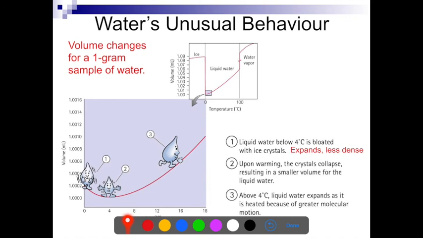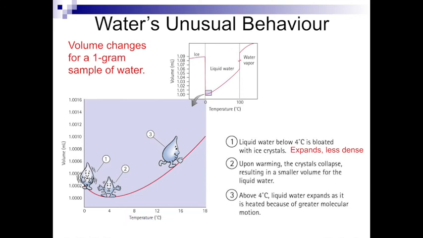In fact, at 4 degrees Celsius, when the volume is smallest, that is when the density of water is greatest. And above 4 degrees Celsius, as the volume increases, water again expands and becomes less dense.